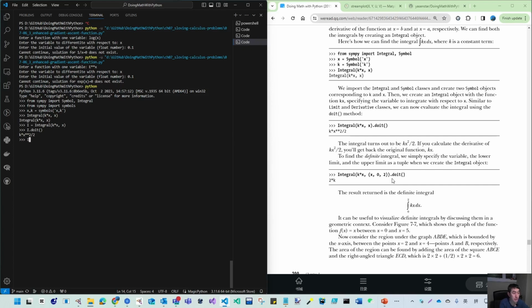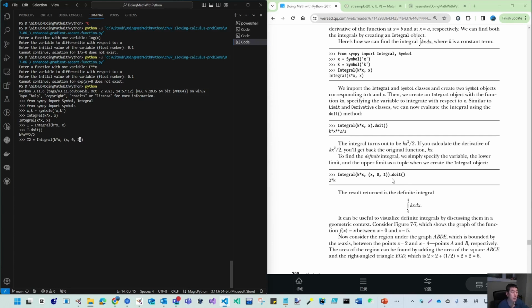I put this I2, Integral of k times x, and with the tuple, I have our variable and give the lower and upper range.